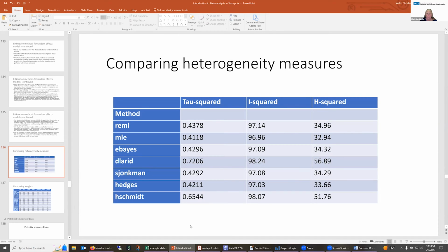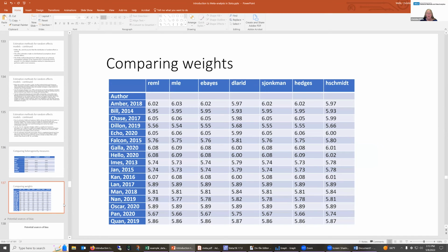It's readable. Yes, there's some math in there, but it's totally readable. Here, I put in the weights for each of the studies for each of the different types of estimators. And you can see that for all the estimators, the weights are fairly consistent.